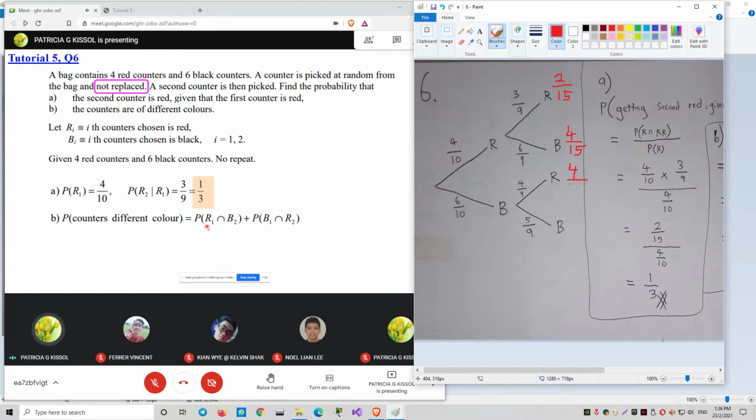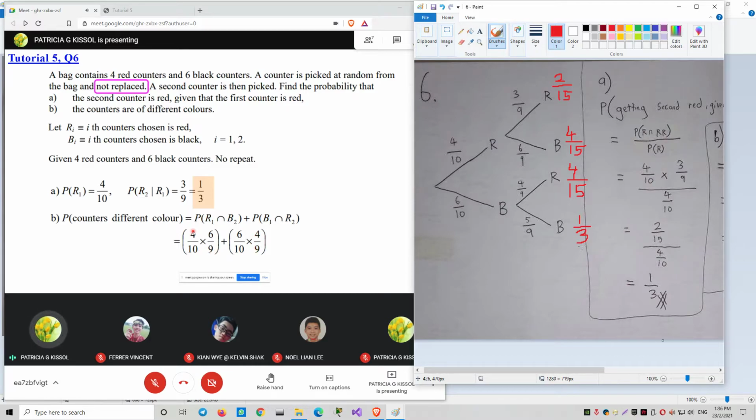So from here, if the first one is red, it's 4/10 and 6/9, as you can see here. Or if it's black, it's 6/10 and the red 4/9, because it's reducing.